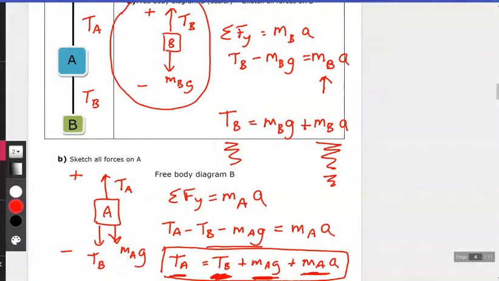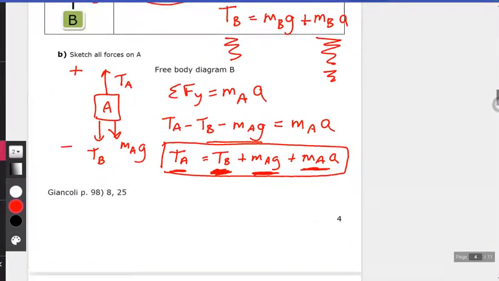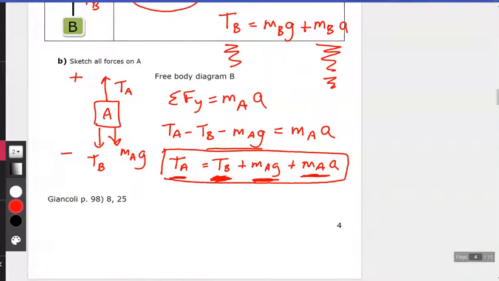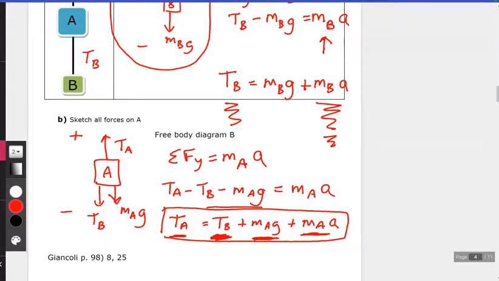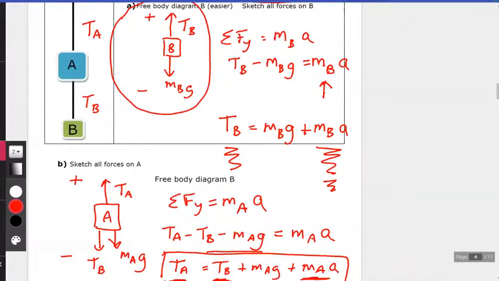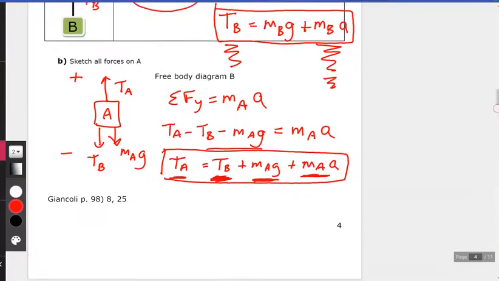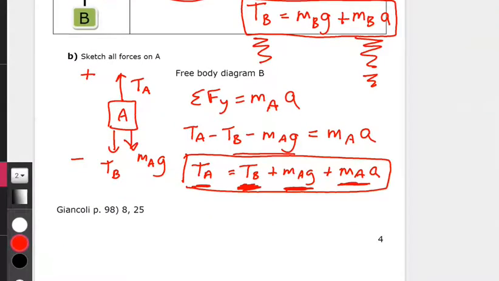Now, what is the tension? Actually, we're not really done because we could do better than this, because we already have the tension of B, don't we? The tension of B is right here. So we're really going to bring it all together. Let me make it smaller so you can see. So the tension of A is equal to, what's the tension of B?